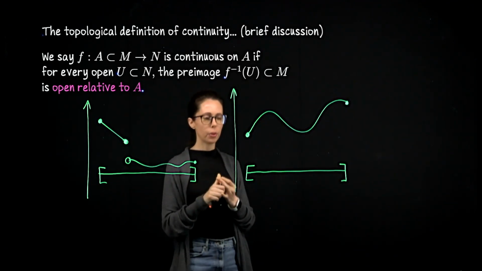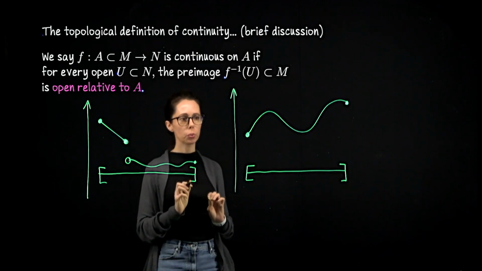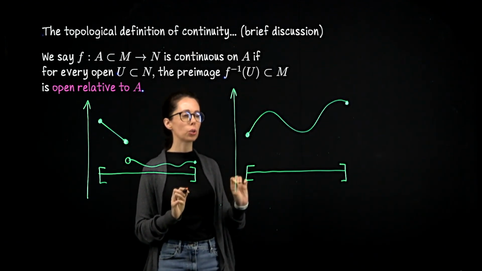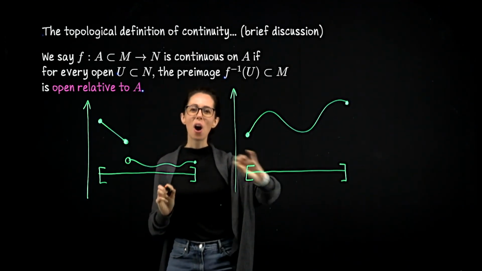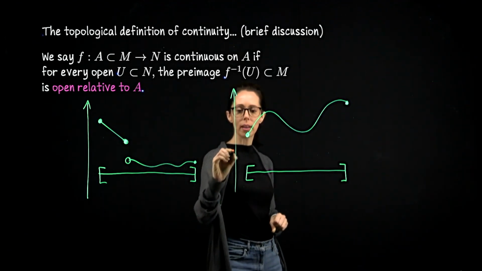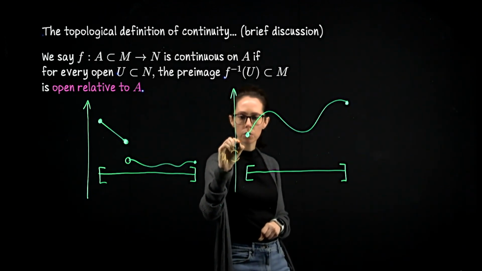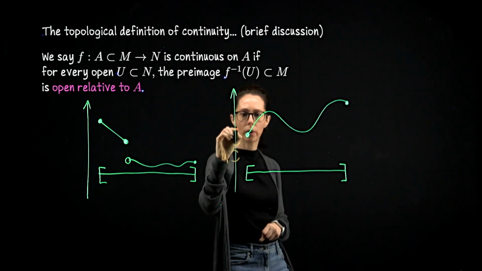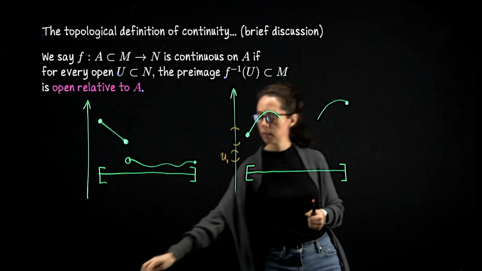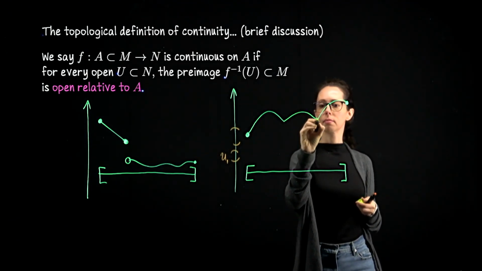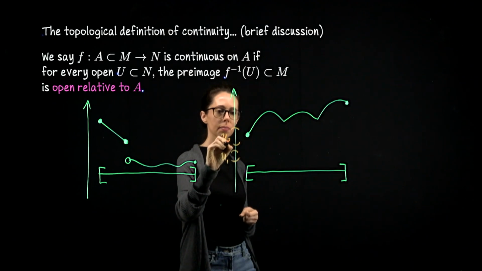Let's start with this example on the right, where the function is continuous. Let me sketch a couple of open U's and let you take a moment to visualize, just on this domain, what the preimage of each U looks like. So here's U1, that little open interval. And then U2 is a little open interval here.